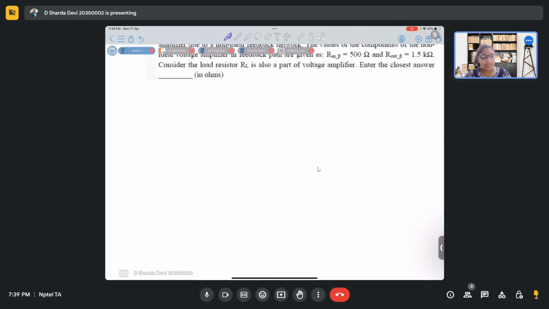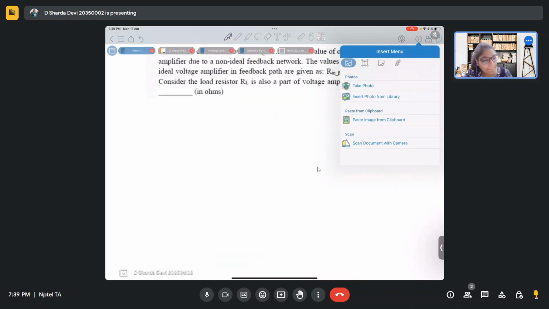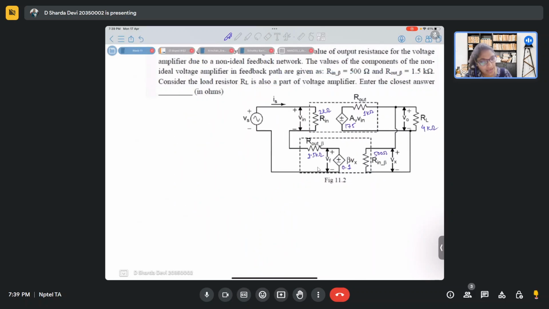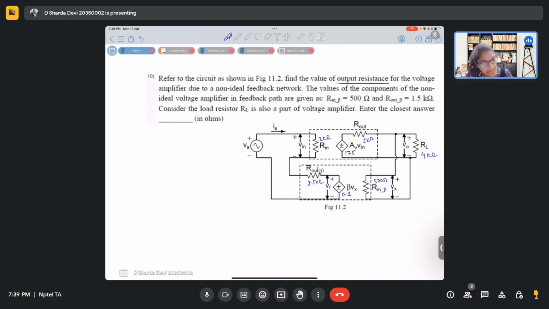So this is the last problem for today. Using the same circuit, we have to find the output resistance, and the output resistance will again be found for non-ideal conditions. So for output resistance, let me write this out.